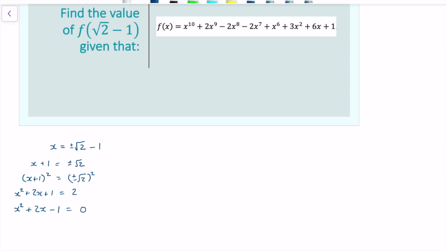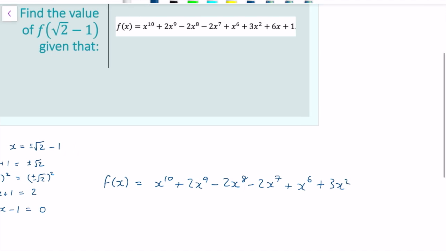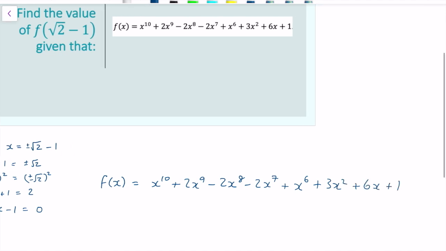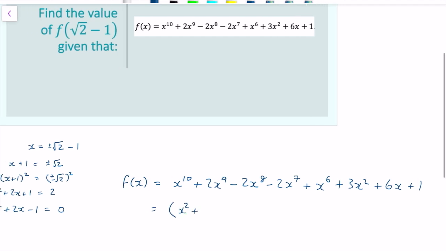So I take my polynomial, which is degree 10, tedious to write it all down, and then I'm going to use this factor here which I've just generated, and I'm going to try and factor this. Now the reason for it, which you maybe pause and think about why I've done this first before I give you the reason.